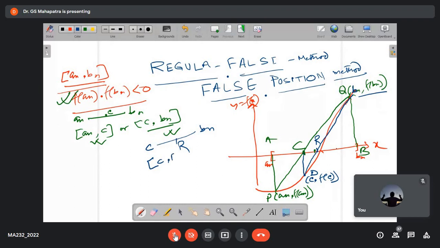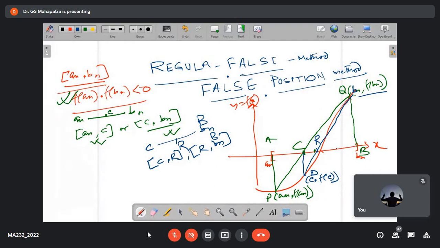C comma R is the correct interval? That means the root lies between C comma R or R comma Bn. Again, according to the drawing, the root lies between R and B. Correct now? R and B. So we can say this one is B also, no problem. So R and B. Fine.